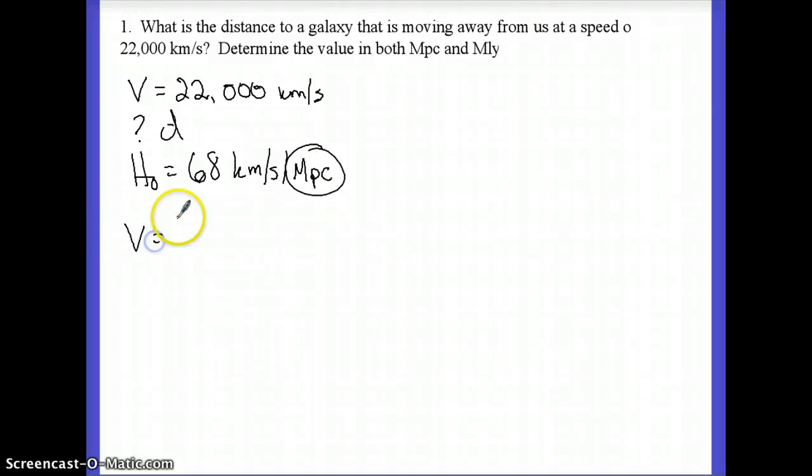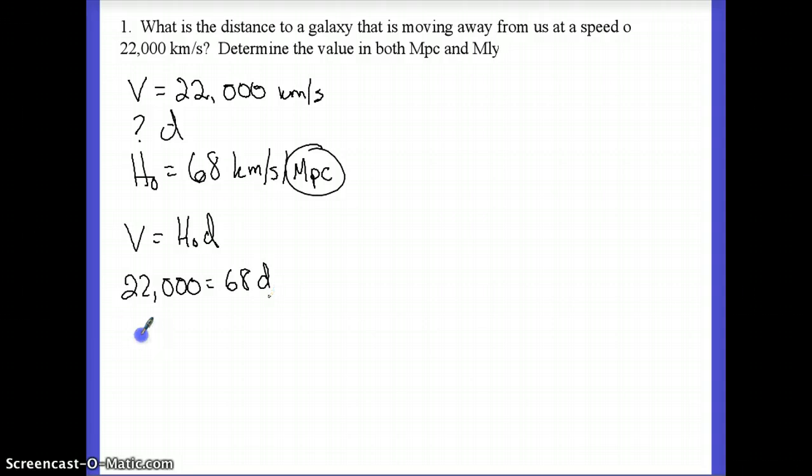So I can just do v equals H naught d, and so I have 22,000 equals 68 d. And I get an answer of a distance of about 324 megaparsecs, 324 million parsecs away.